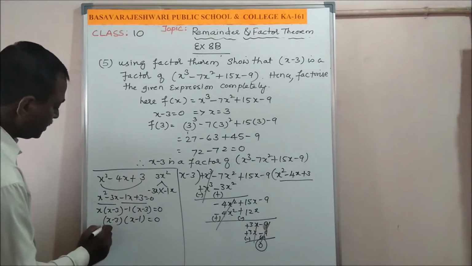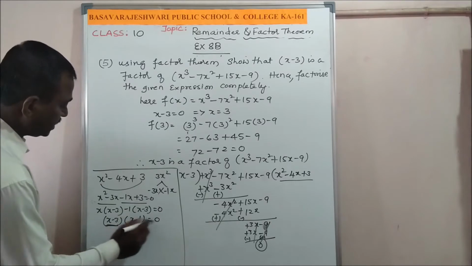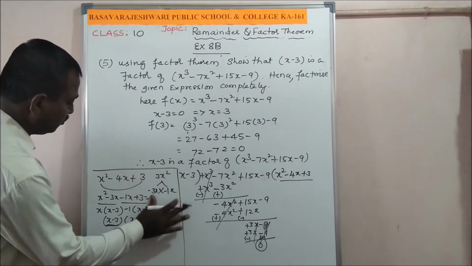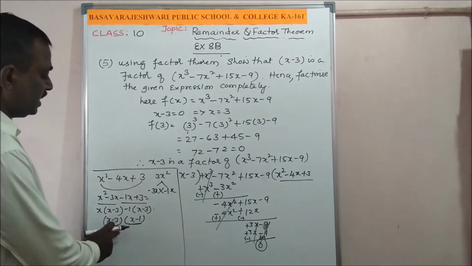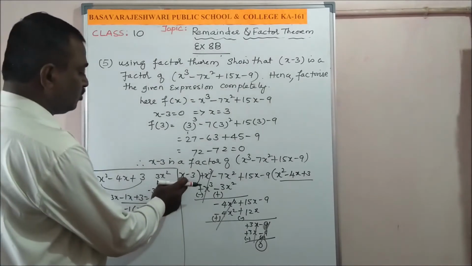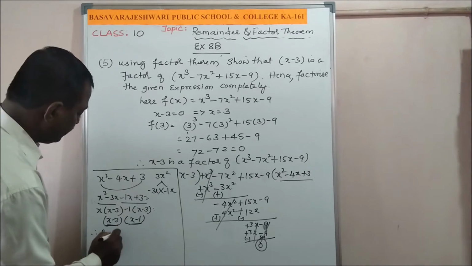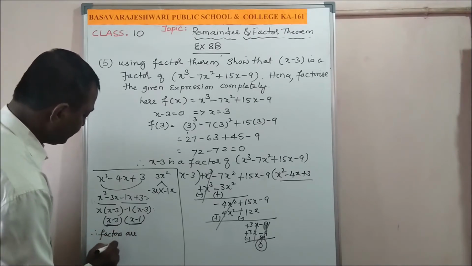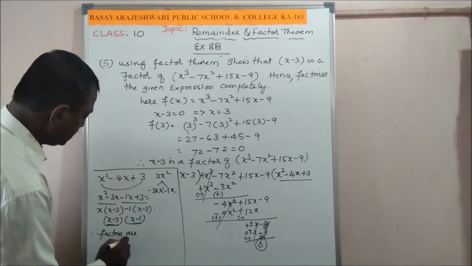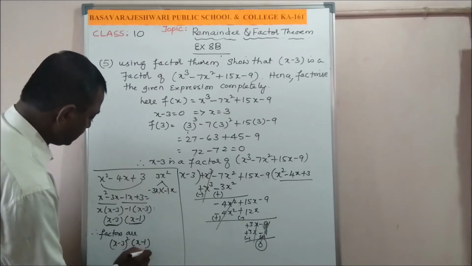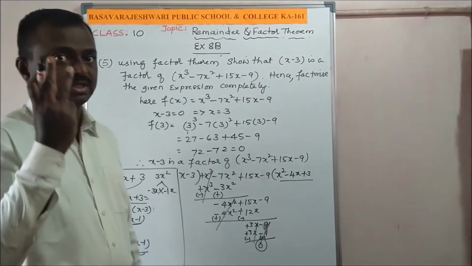So there are 2 factors we got, isn't it? x minus 3, x minus 1. Already we have one more factor. Therefore, the factors are x minus 3 two times and x minus 1. So there should be 3 factors.